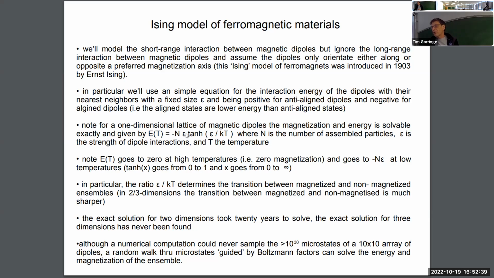Out front of the function, you see a couple of parameters describing the problem. It's not surprising that they're there, right? So the total magnetic energy is in proportion to the interaction energy between a pair of dipoles, which probably just makes sense, right? If you increase that interaction energy between a pair, you'll get an overall larger macroscopic energy, and vice versa. It's also in proportion to the number of atoms in your macroscopic ensemble.